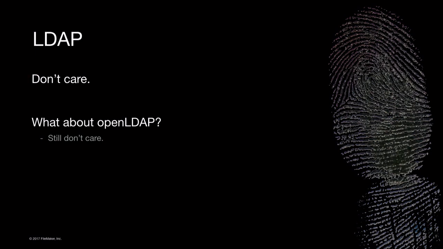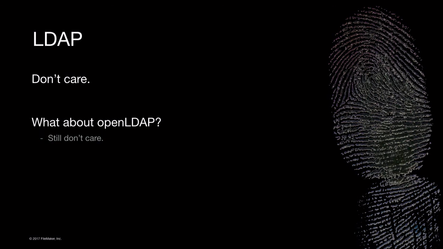LDAP is the last of the alphabet soup ingredients. LDAP stands for Lightweight Directory Access Protocol, right? So I mentioned in the beginning, Active Directory, Open Directory, they're all called directory services. This is a protocol. LDAP is a protocol to talk to directory services, just like HTTP is a protocol to talk to a web server.